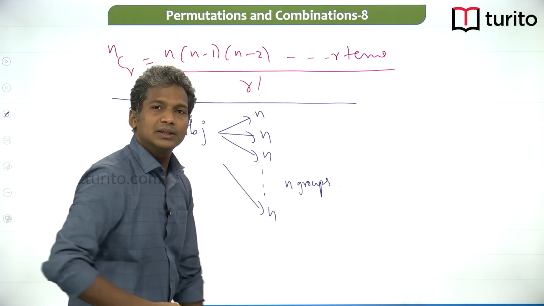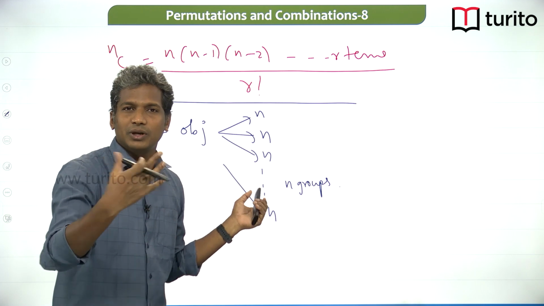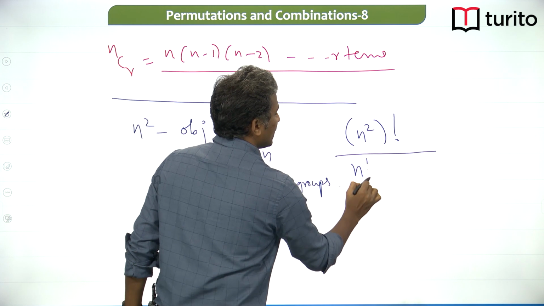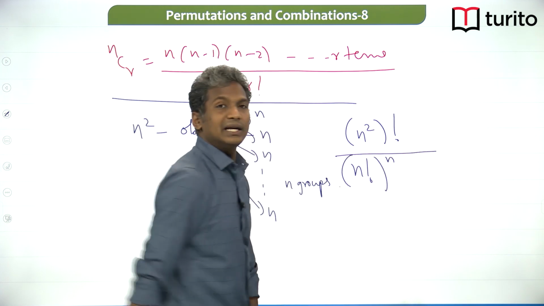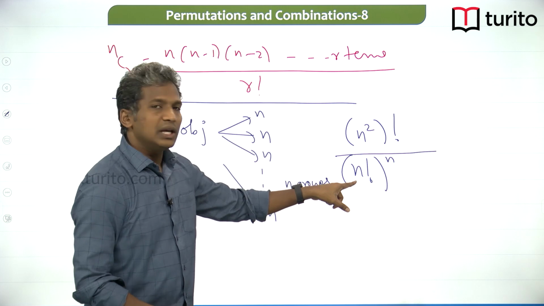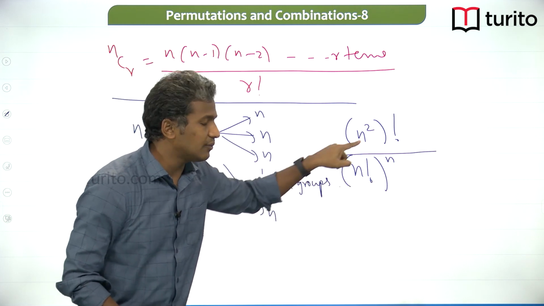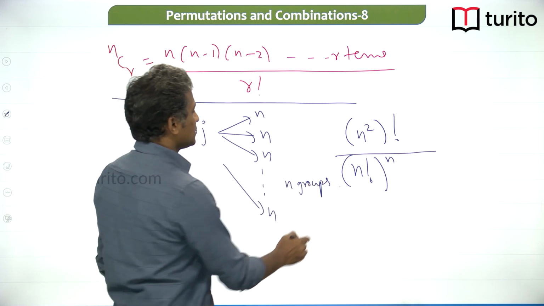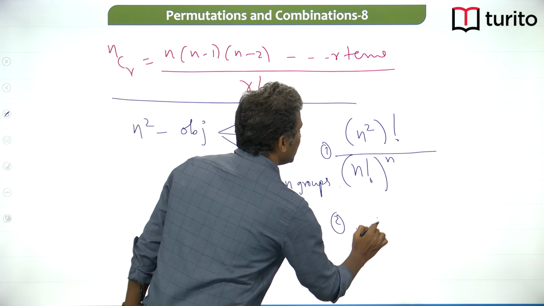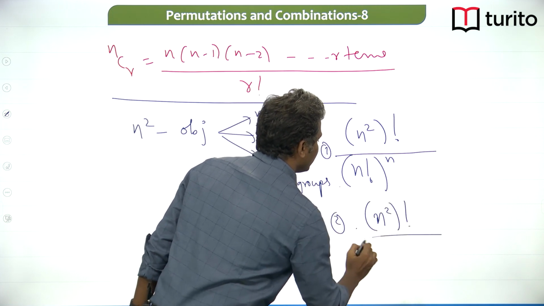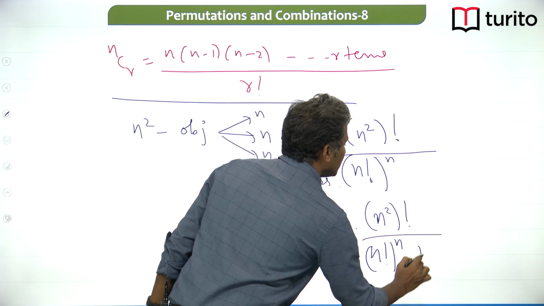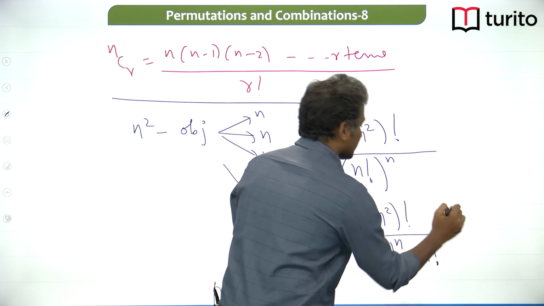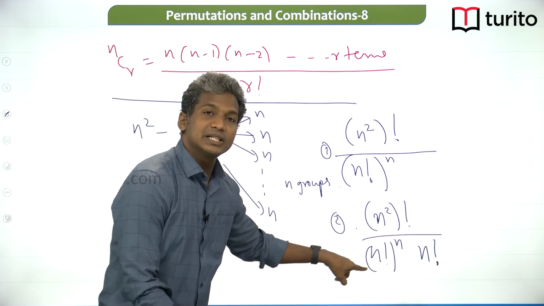Now what will be the number here? We have already learned the formula for grouping. So it will be n square factorial divided by n factorial, which is coming how many times? n times, right? Now if they are unnamed groups, we have to divide with symmetry. If they are named groups, we do not have to divide with symmetry. So this is one case, and the other case could be n square factorial divided by n factorial whole raised to n, into, because all are having equal number, n factorial because of the symmetry.